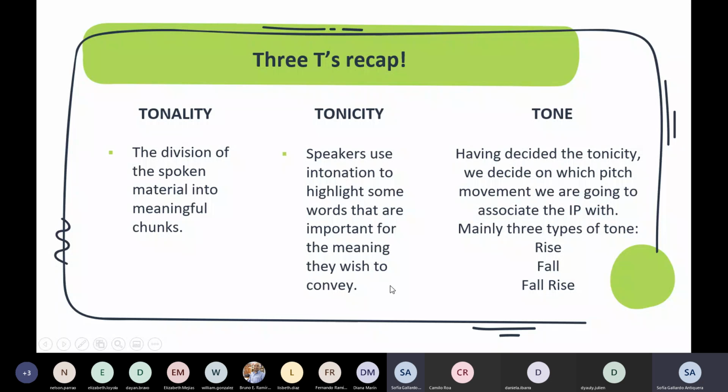Who can tell me what tonality is? And try not to use the words that are in the slides. Who can tell me? Oh, Fernando, you gave us an example. Very well done. I didn't see it before, but thank you. So who can tell me what tonality is?